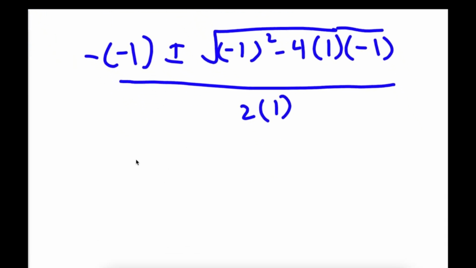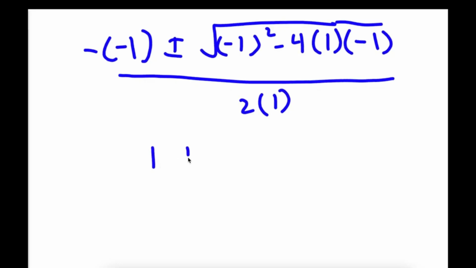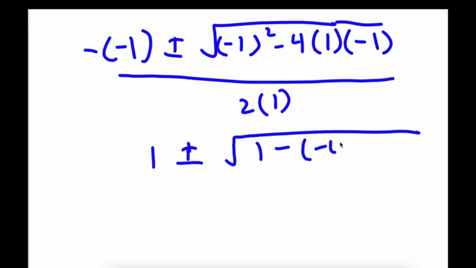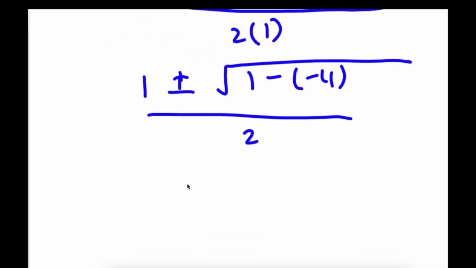Now if we simplify this, negative negative 1 is positive 1, plus or minus the square root of negative 1 squared, which is 1, minus 4 times 1 is 4, 4 times negative 1 is negative 4, all over 2 times 1 is 2.